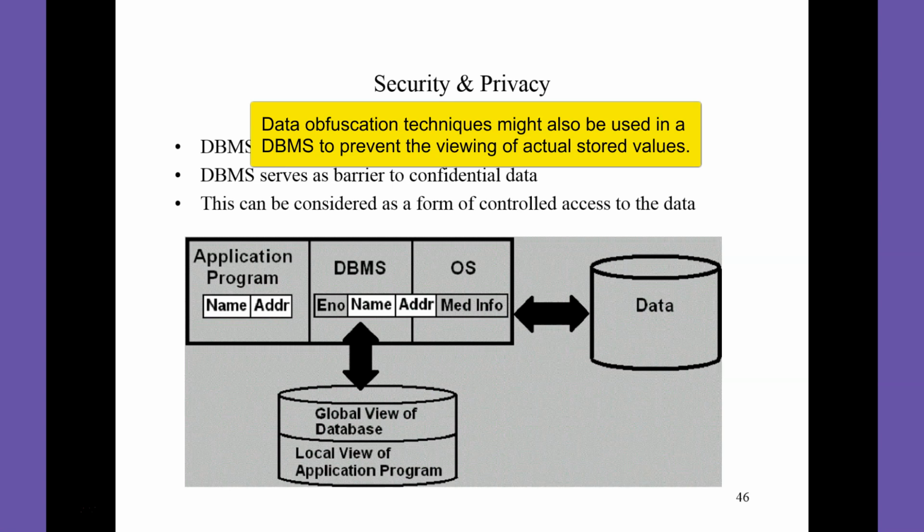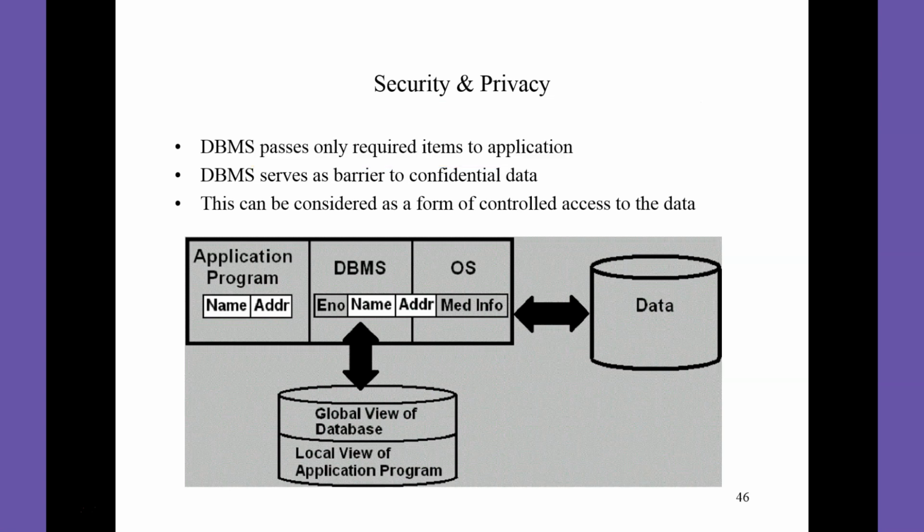Additionally, data values might be obfuscated in some way to prevent certain users from seeing the actual stored values. This protects private or sensitive data that has been entrusted to the database.